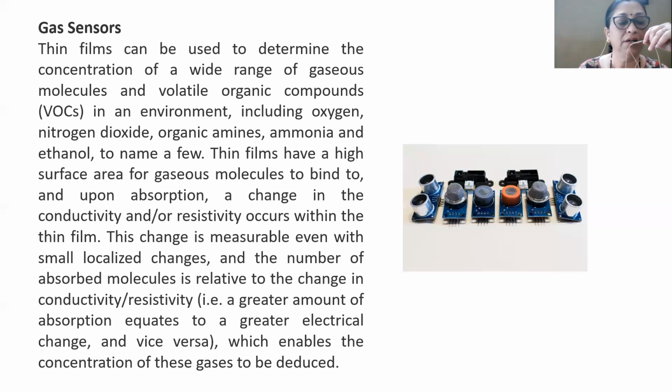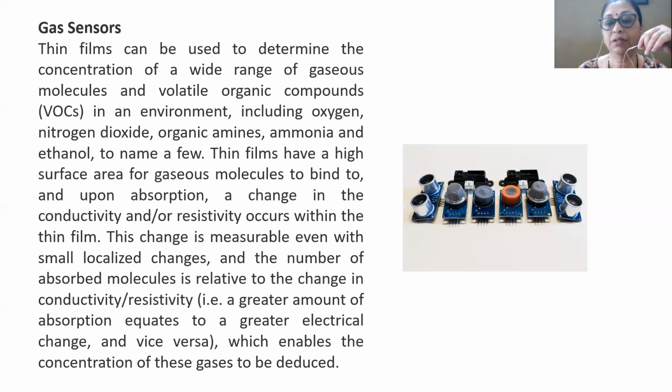As conductivity changes, the resistivity of the material changes, and this change in resistance is measurable with the help of various types of signal conditioning circuits.